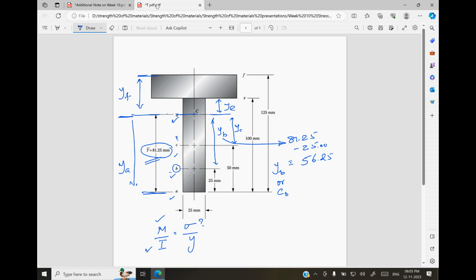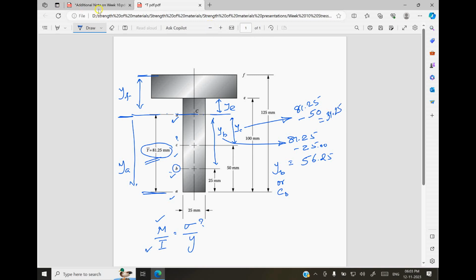So YC is what? YC is nothing but from top to bottom, 81.25 minus 15. This gives me 31.25.